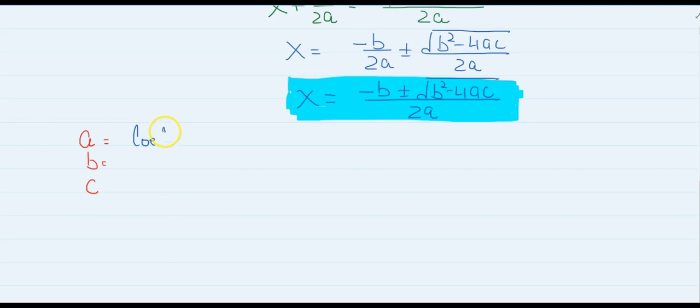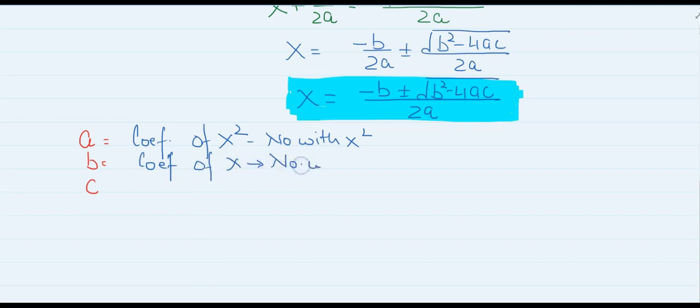A is the coefficient of x², meaning the number with x². B is the coefficient of x, the number with x, and C is the constant term. It's a number.